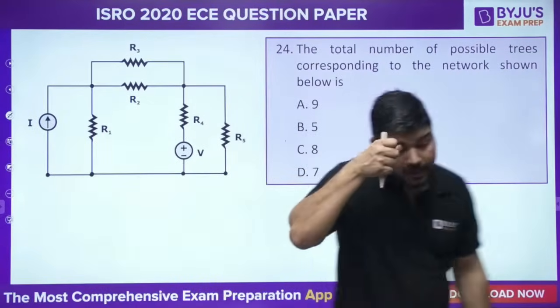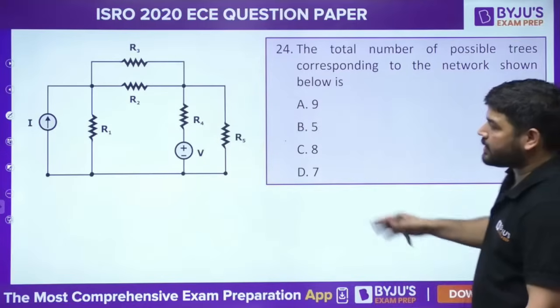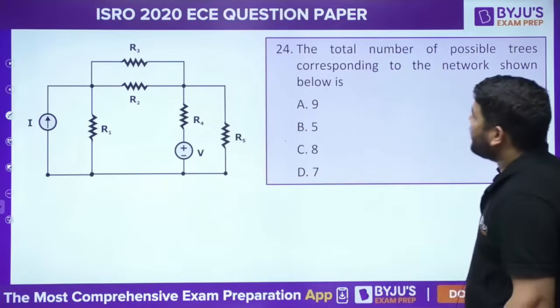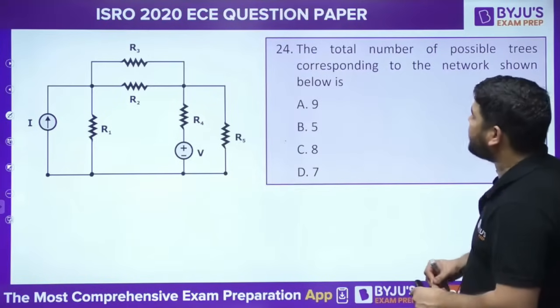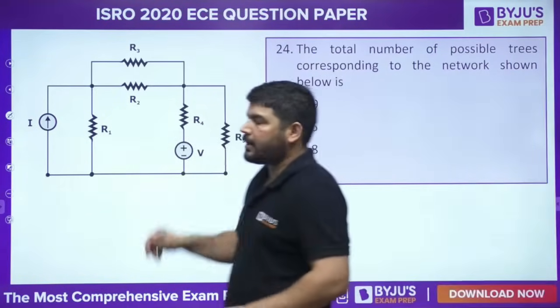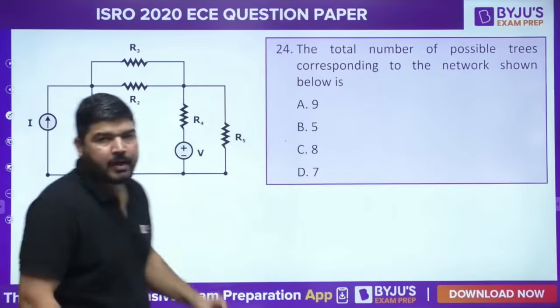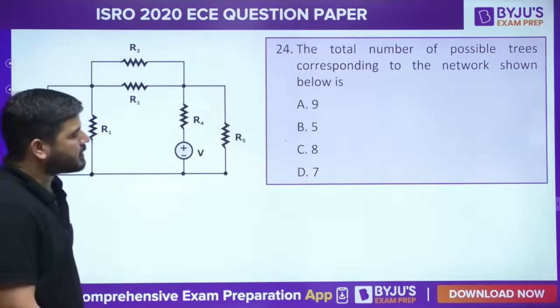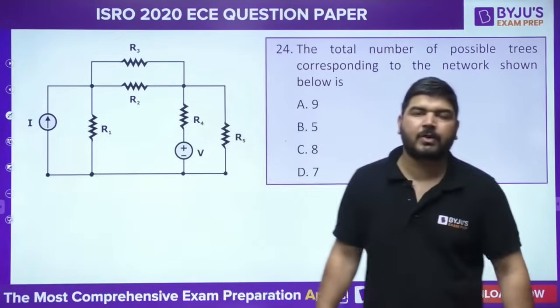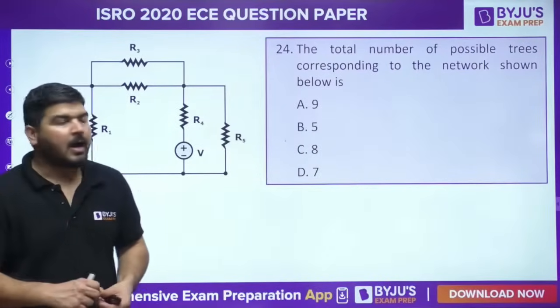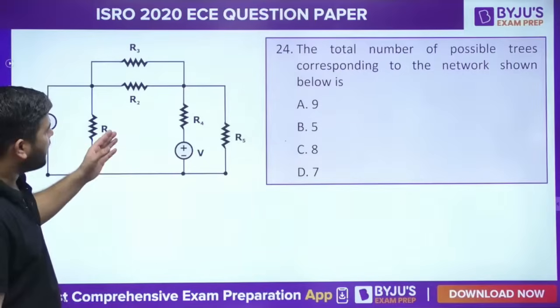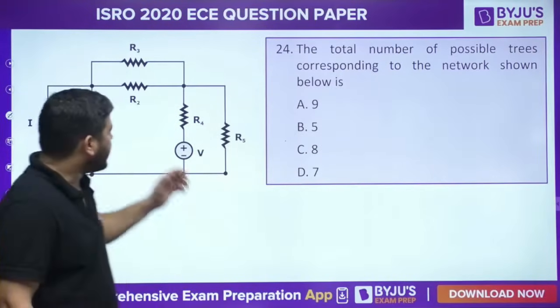The next question on your screen is, okay, so this is a lengthy question again. What I need to do is find the total number of possible trees corresponding to the network shown. Now, how to calculate the possible number of trees?